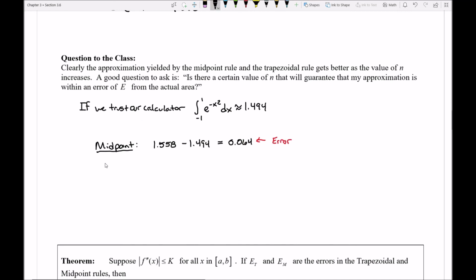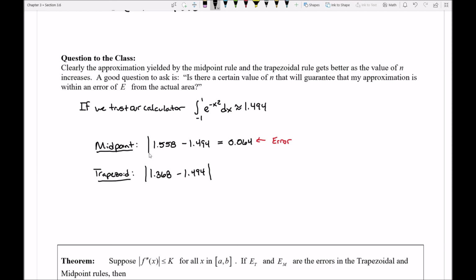Now let's compare that to what actually happens when we look at the trapezoid rule. So when we dealt with the trapezoids, we got an approximation of 1.368. I'm still going to subtract off the 1.494 because that still tells me the gap between them. But since I don't really care if that gap is negative or positive, I'm going to take the absolute value.